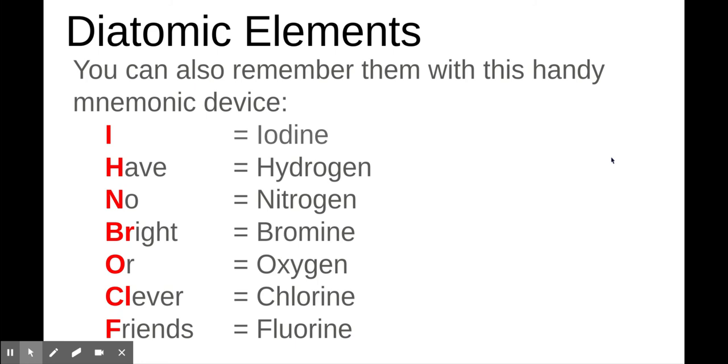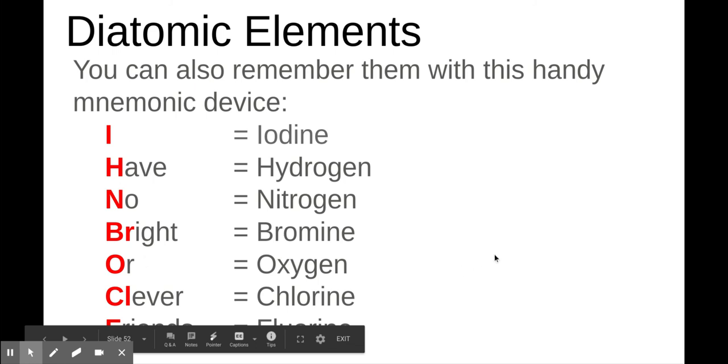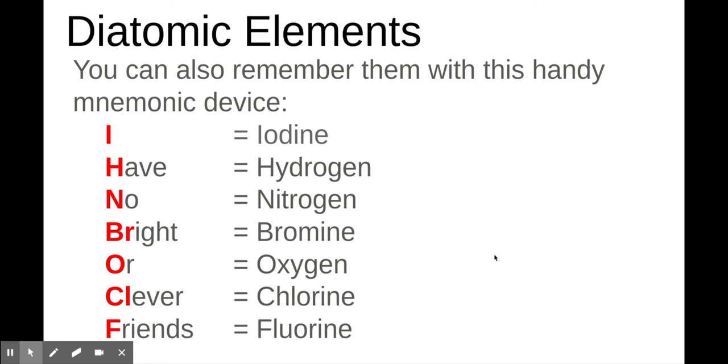Now you could even come up with your own if you wanted to. You could come up with a different mnemonic device that starts with those same letters that helps you remember the diatomic elements. It's really up to you. But the one thing I want to make sure is that as many times as you say, I have no bright or clever friends, just don't say it so many times that you start to believe it. All right. Because I don't want to do that to you.